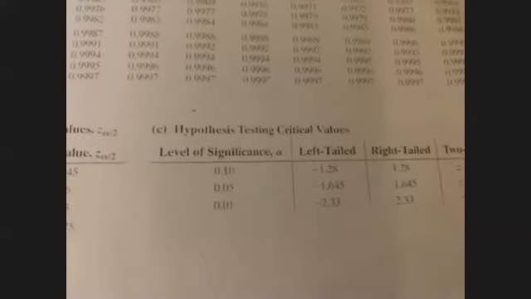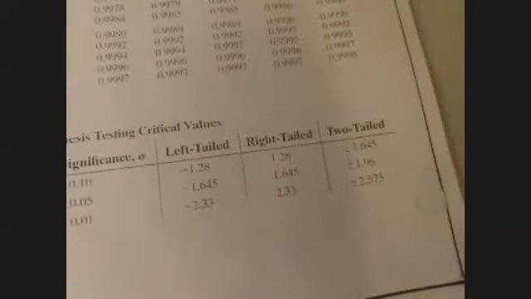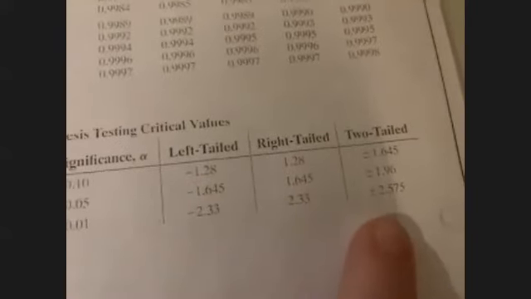These are the three most common. If it's not one of these three, then we'll talk about how to do this. They also have left-tailed, right-tailed, and two-tailed. So with this, we were using 0.01 on a two-tailed test, so this is 2.575, and it is the positive and the negative.